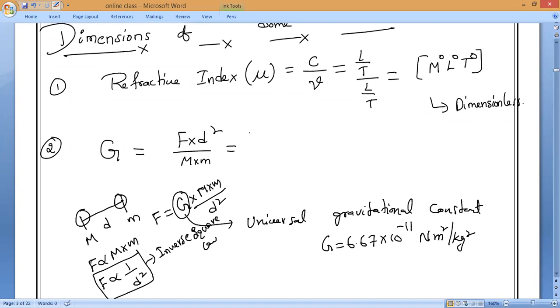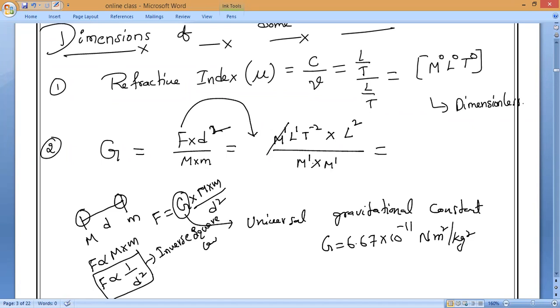So force. Force means what? What are the dimensions of force? Fast, you have studied it so many times. Force dimensions: M power 1, L power 1, T power minus 2, into distance dimensions, L whole square will come. Square is there. Next, mass is what? M power 1, into again mass, M power 1.